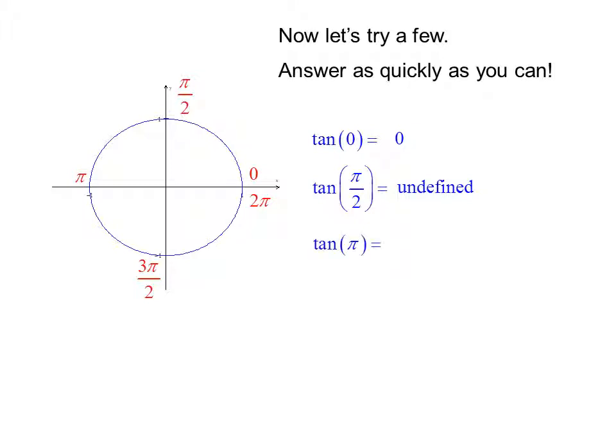Tangent of pi is 0 because it's 0 over -1. Tangent of 3 pi over 2. Once again, the cosine is 0, so it's undefined. Tangent of 2 pi, 0, because it's 0 over 1.